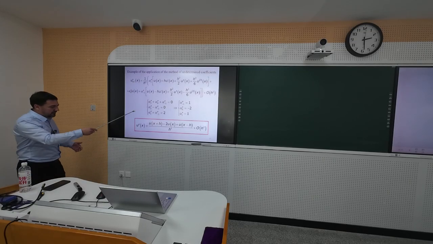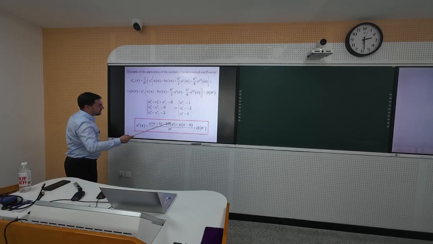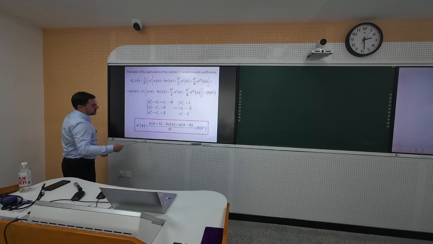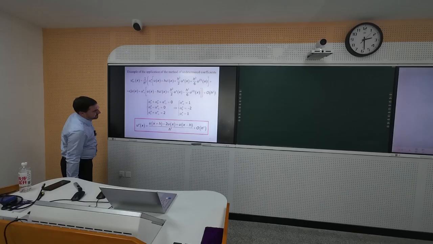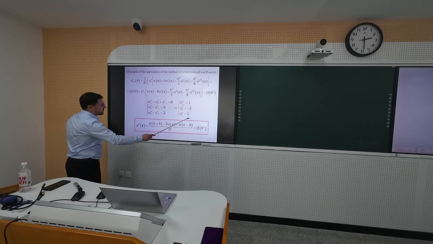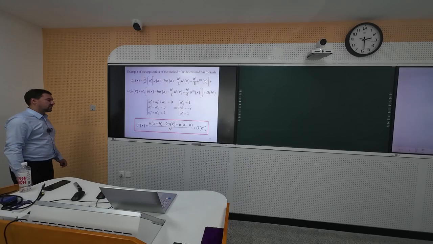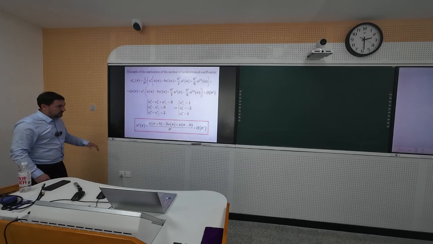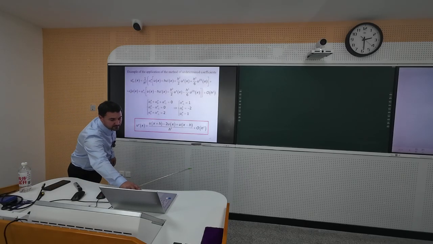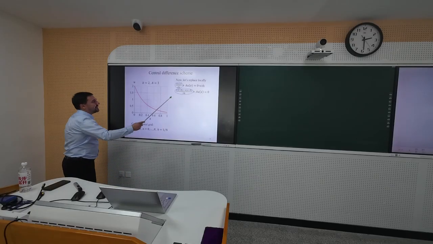Okay, we can solve this system, get the unknown coefficients, and the also well-known formula for the approximation of the second derivative, which will be proportional to h squared.